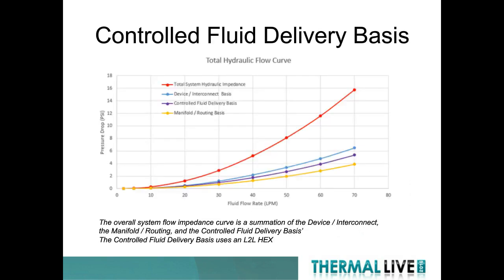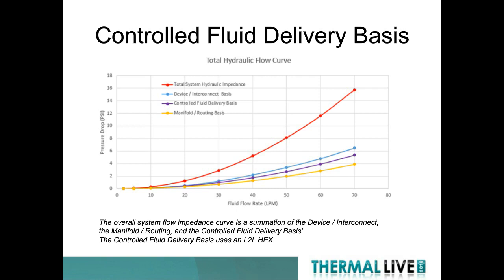So for the controlled fluid delivery basis, and again, looking at the same curve, the pressure drop as a function of fluid flow rate, we can see that in the yellow, that's our manifold routing basis we calculated before. The purple is the controlled fluid delivery basis with the pump, the heat exchanger, and some other ancillary components required to drive that system. And the blue is our device interconnect basis.